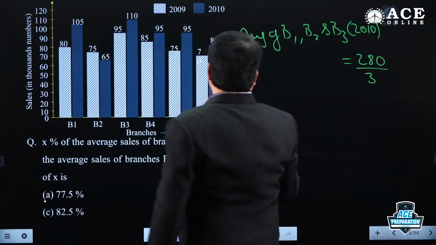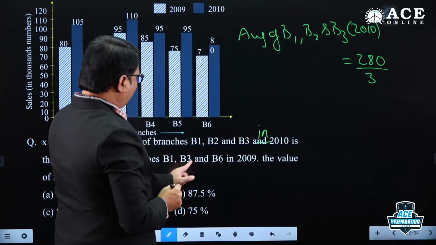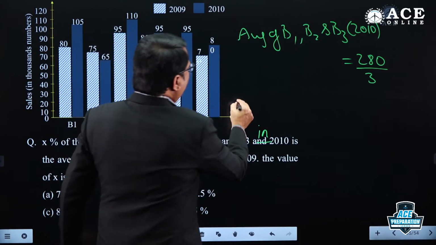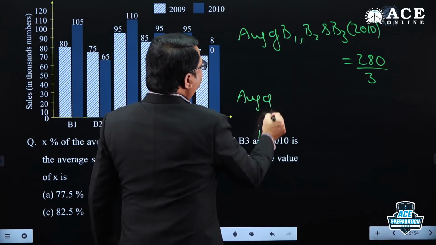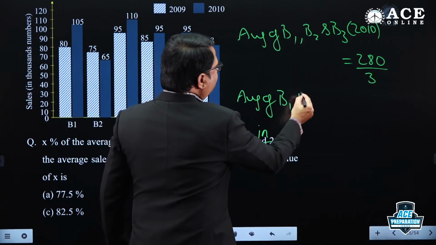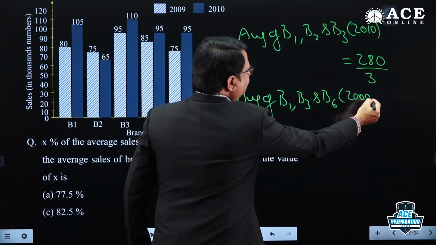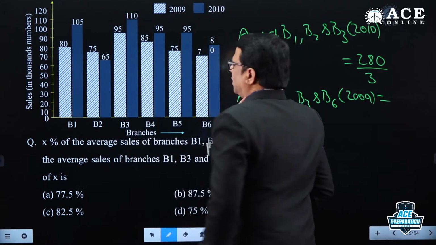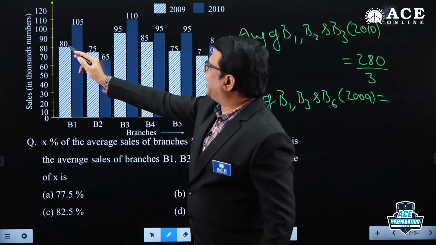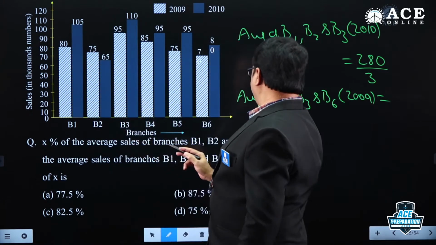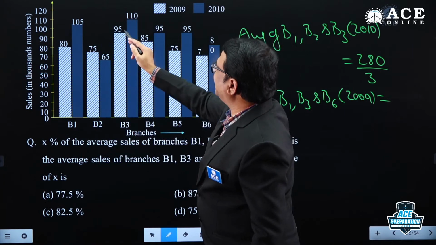Okay. Then the average of B1, B3 and B6 in 2009. B1 in 2009 is 80, then B3 in 2009 is 95.